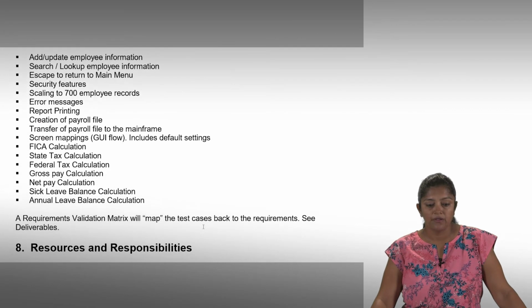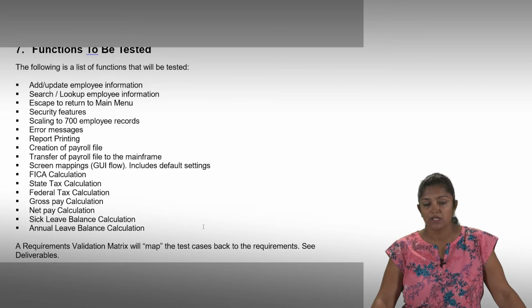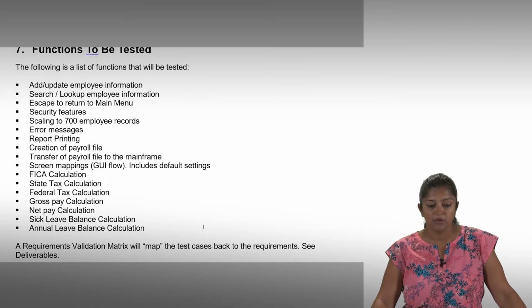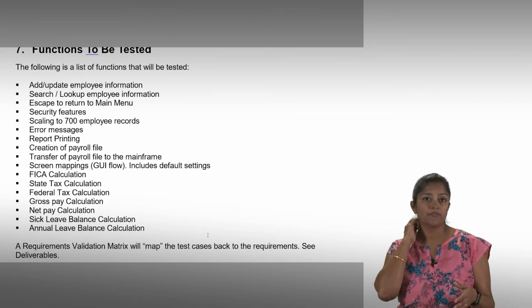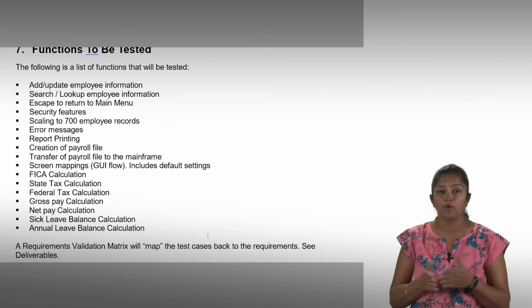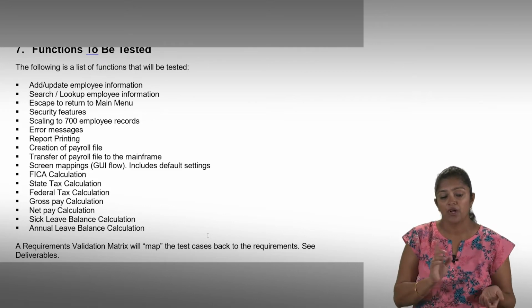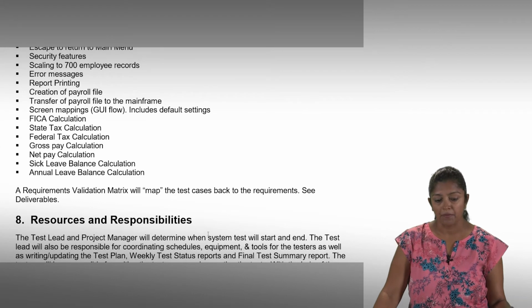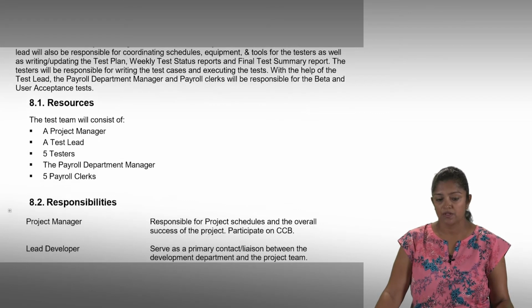And then all of the functions that will be tested can be listed out in section 7. So this can come from the requirements specification document, and then the idea is from this list, we want to make sure that there are test cases for each and every function to be tested properly.